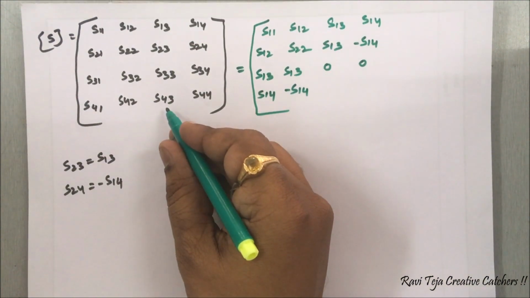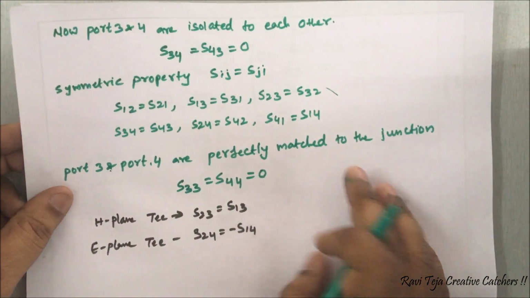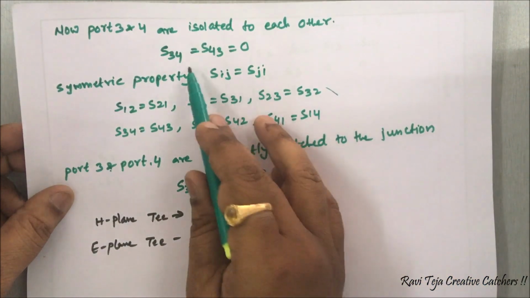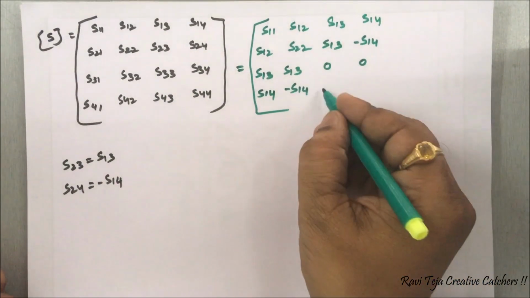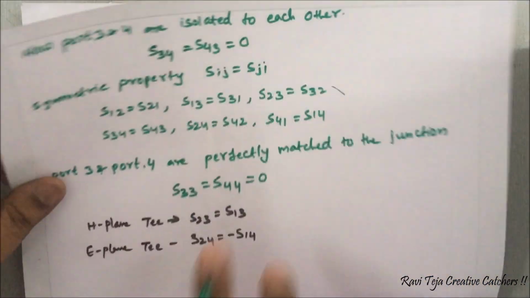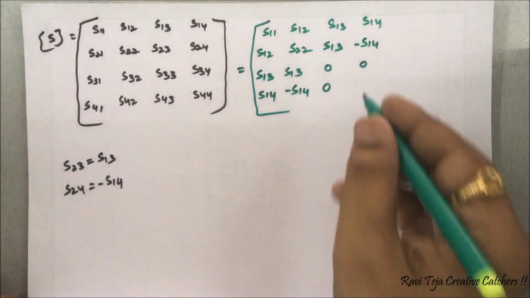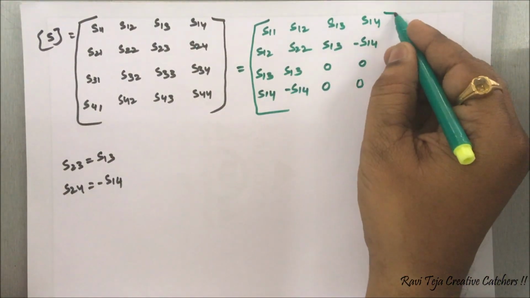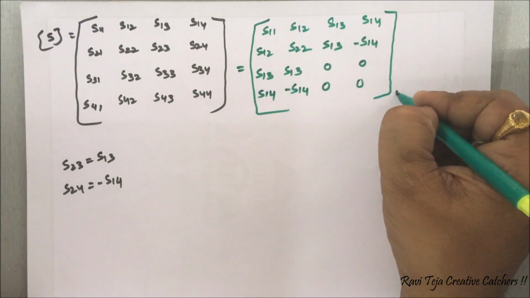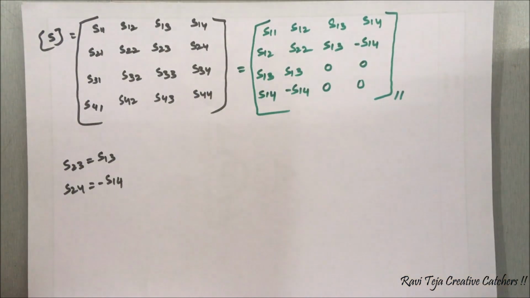Our S43 is 0 and S44 is 0. This is what we get after substituting the values.